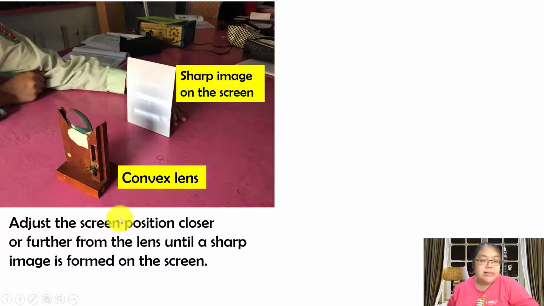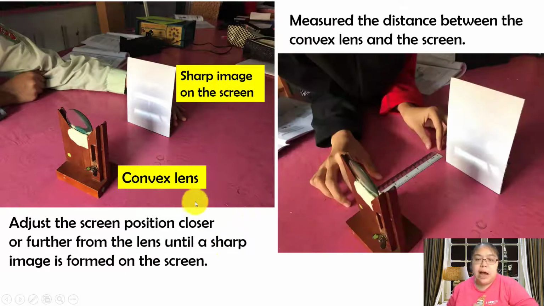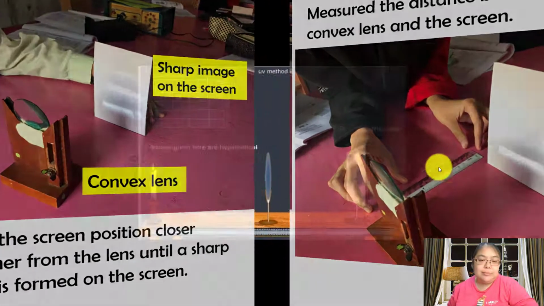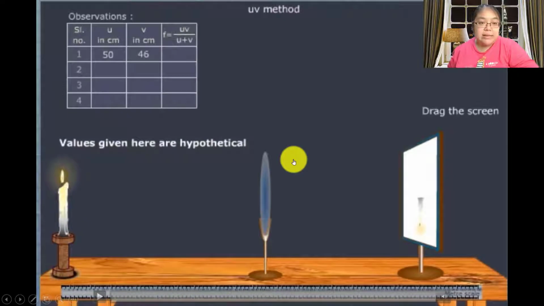They adjust the screen position closer or further from the lens until the sharp image is formed on the screen. After you know there is a sharp image, then you stop. Then you need to measure the distance between the convex lens and the screen. So this we call the image distance. This is one example of how to measure the image distance.